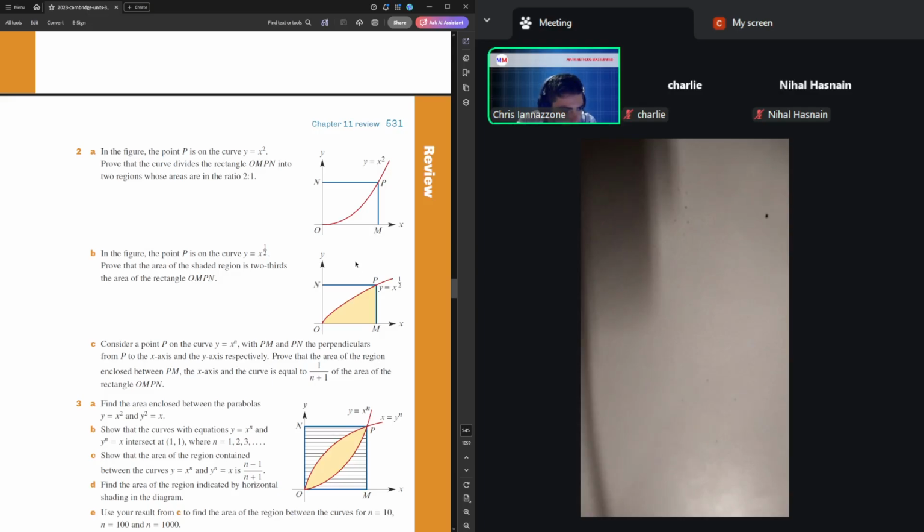And so the rectangle area, quite easy, right? Just length times width. So we need to determine what our length is and what our width is. The length and width depends on where P is going to be, but more or less it's going to be distance from origin to M and distance from origin to N, wherever those end up lying.